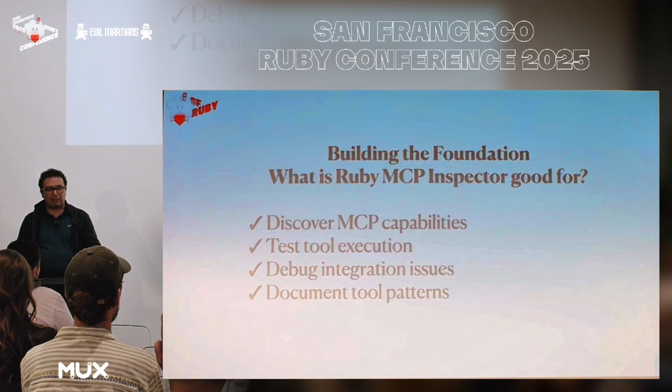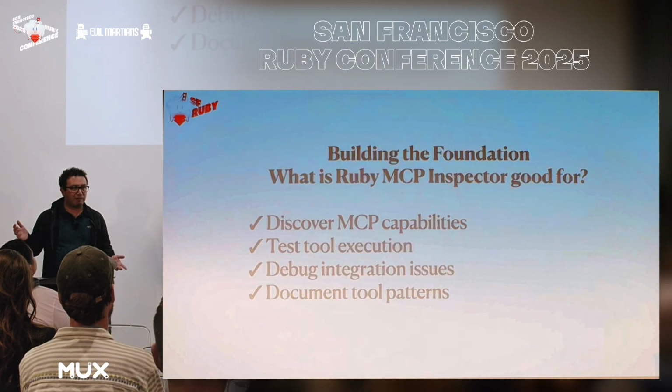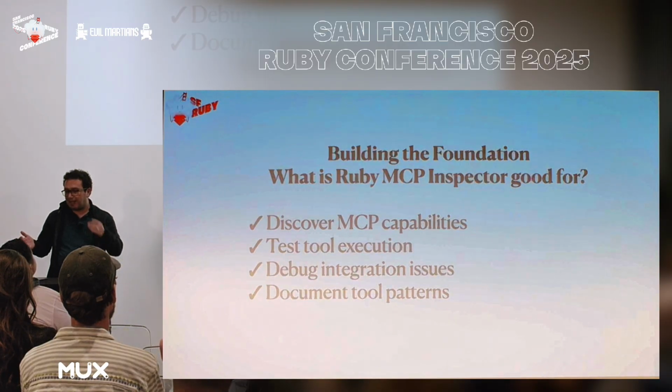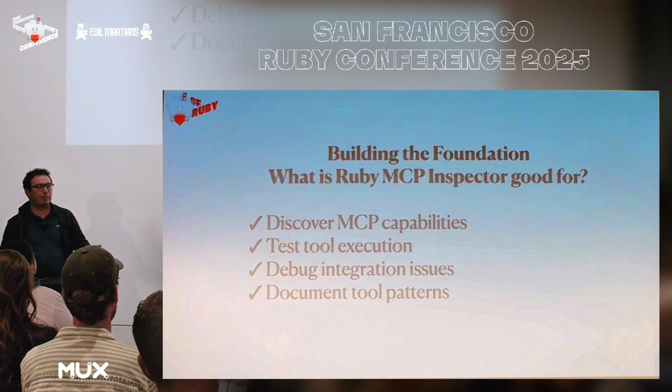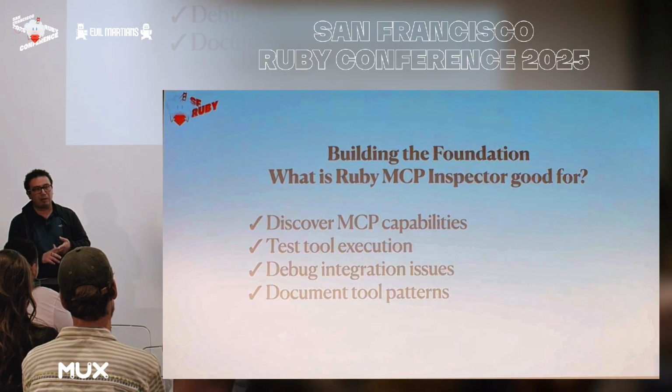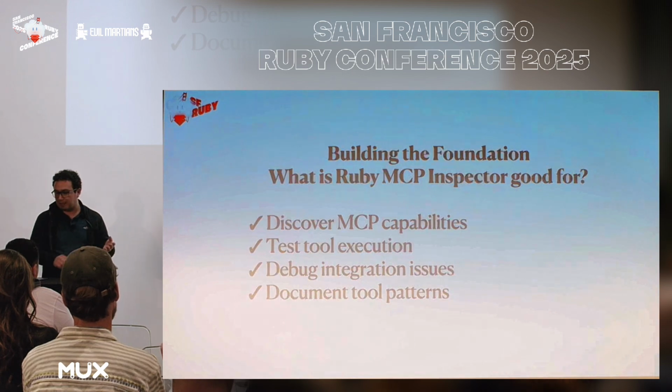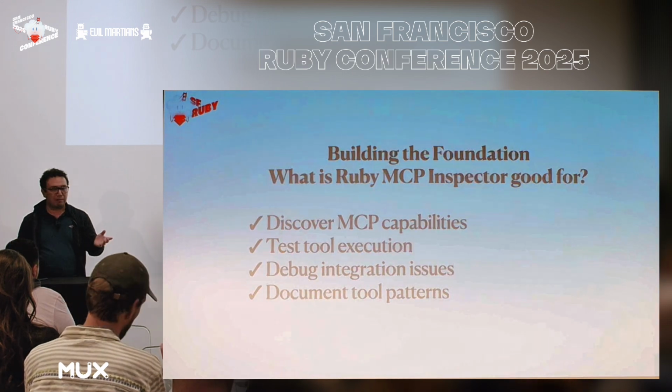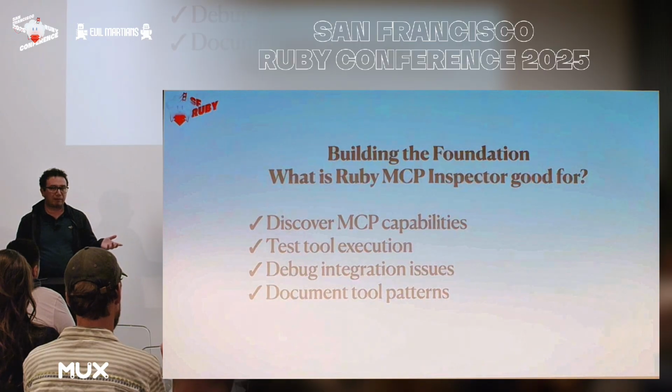And you're thinking, so what does this have to do with the MCP inspector? Well, we have seen that the MCP inspector can discover MCP capabilities. We can test execution. We can debug integration issues, or we can even document patterns here.